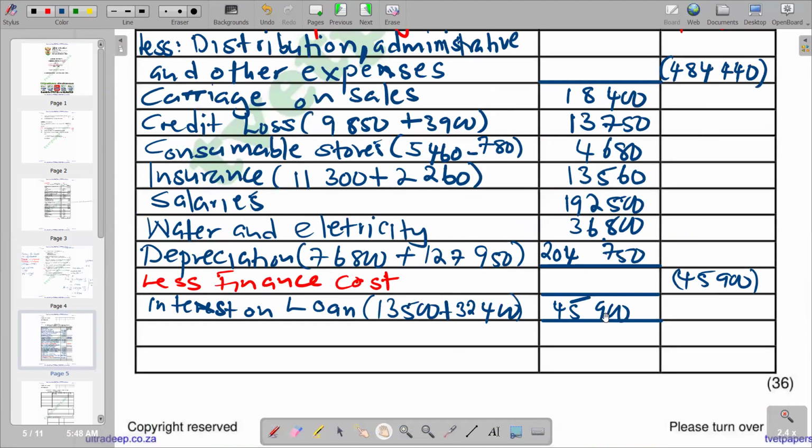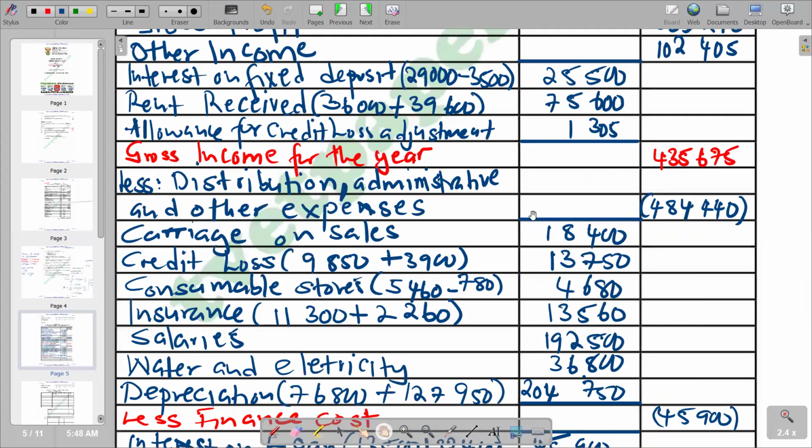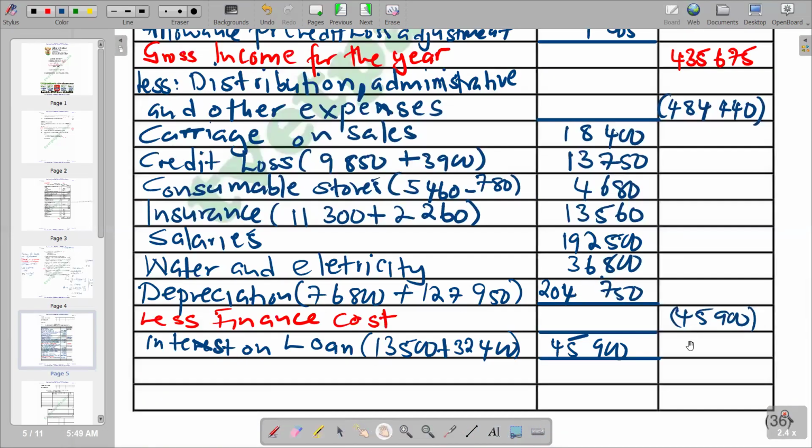So to get our net figure, which is the net profit or loss, we are saying gross income for the year 135,675 minus 484,440 minus 45,900. And then we get a net figure, a negative figure of 94,665. We can show it in brackets. Remember, if it's a profit, it's going to be a net profit.